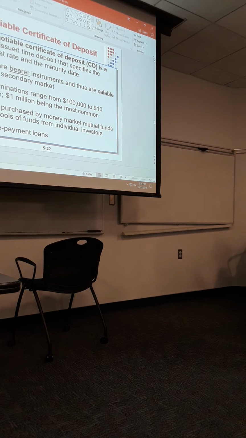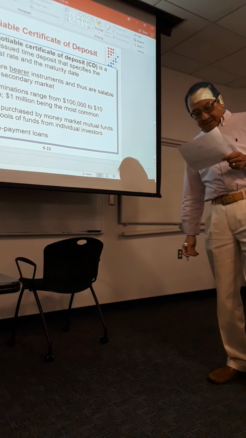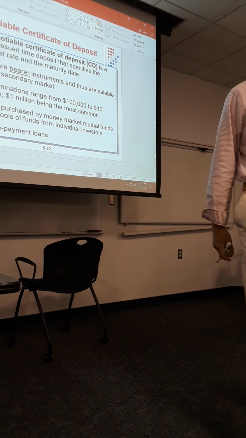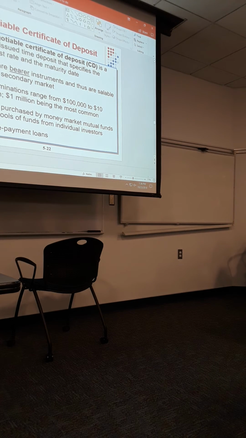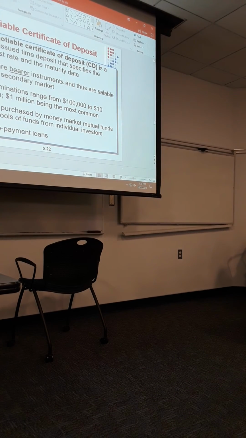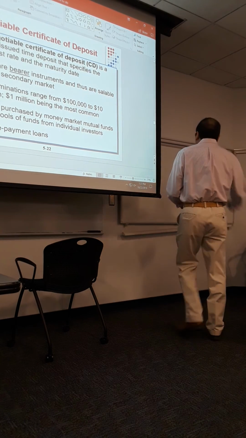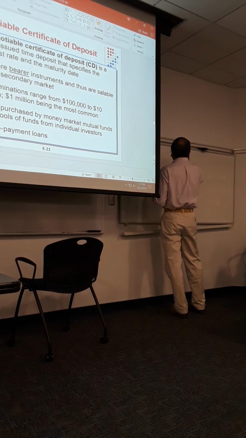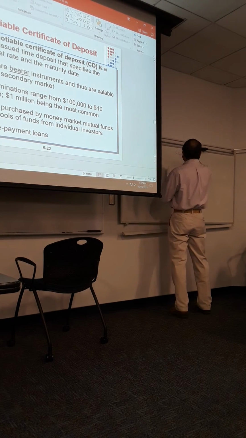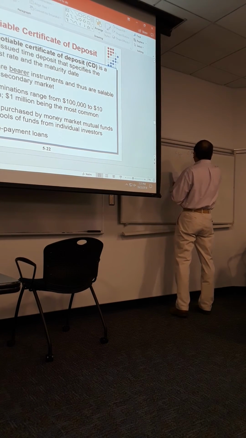Six months, 2 million, with a 0.52% quoted annual interest rate. Quoted, so that number is the ISP. So ISP is given as 0.52%.